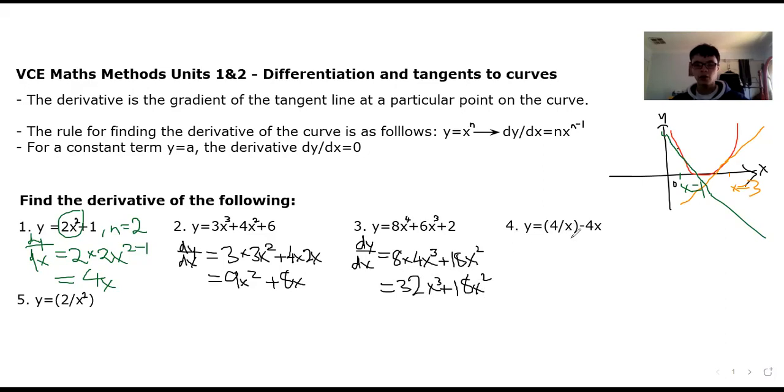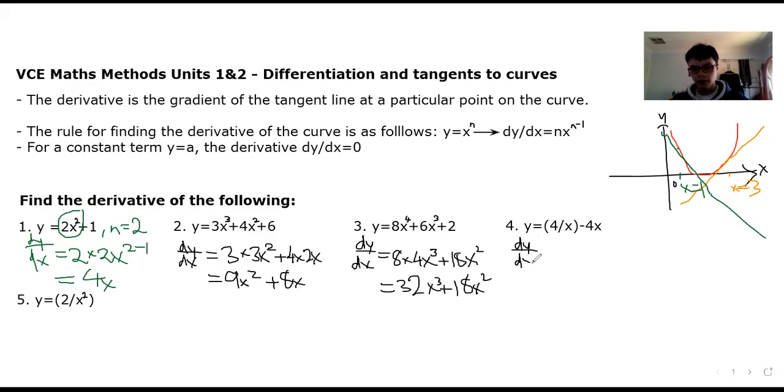So next one is a little bit different because we have 4 divided by x, with x being the denominator, and then we subtract that by 4x. So the way we deal with these sorts of questions is that we get rid of the fraction sign.